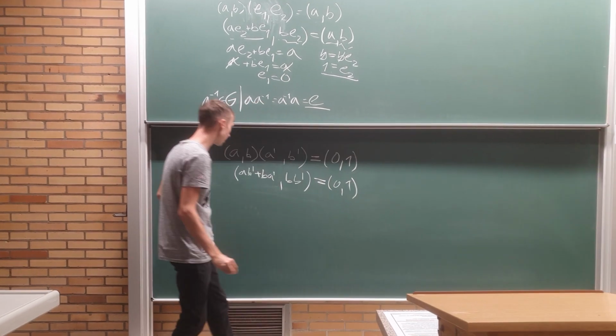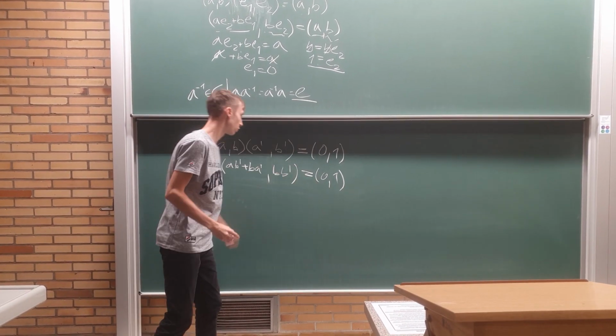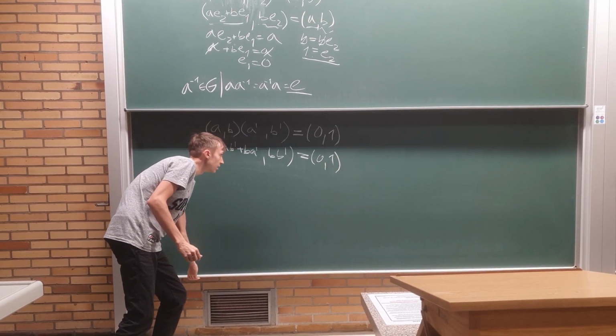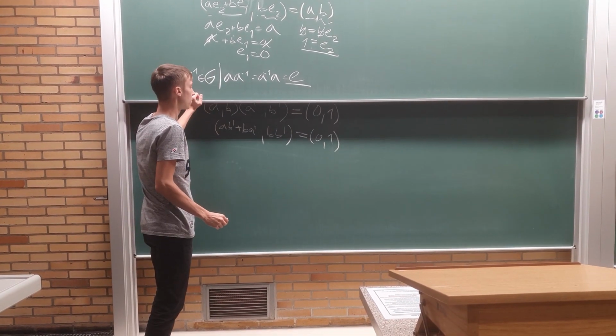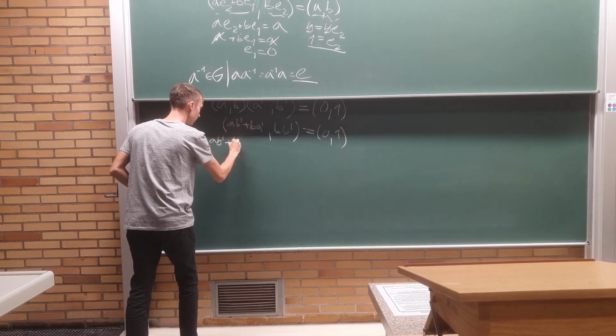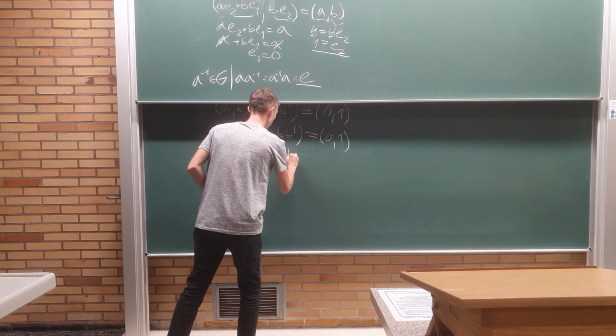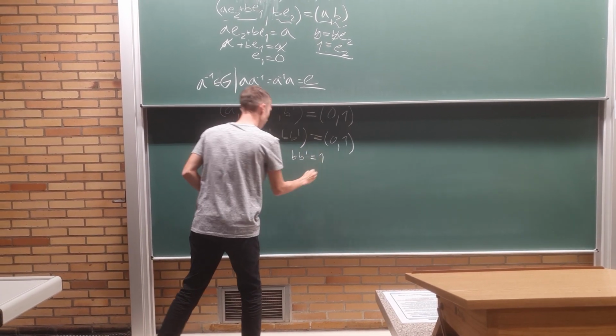So again, some arbitrary element from G and its inverse together should give the identity of the group. And this makes sense in the way that we can actually break this out into equations and create this equation as well as this equation.